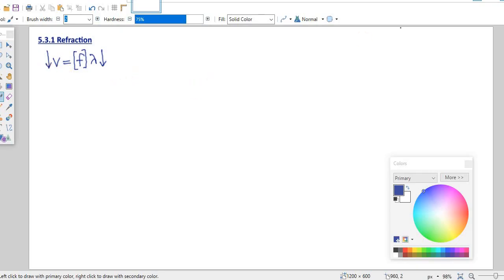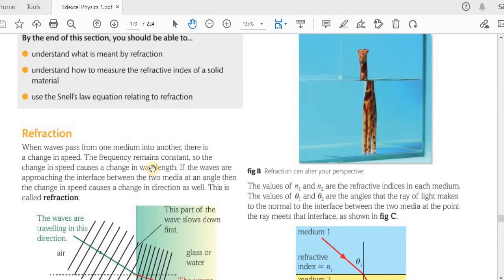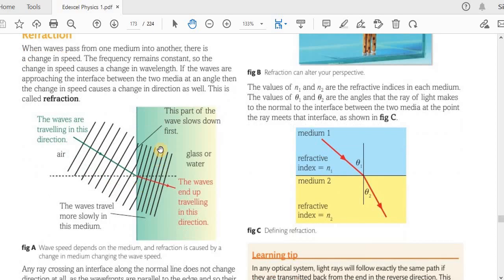This is the wave equation, V equals F lambda. You should know this equation. And you can also see the wavelength decreasing here. These black lines represent the wave fronts. From one wave front to the adjacent wave front, that distance is a wavelength.